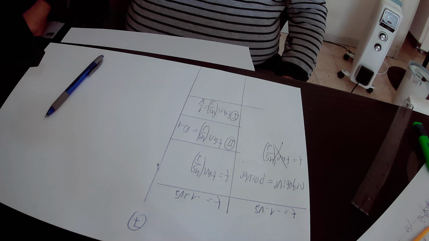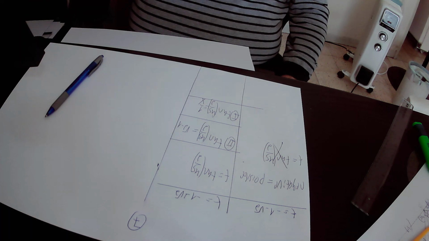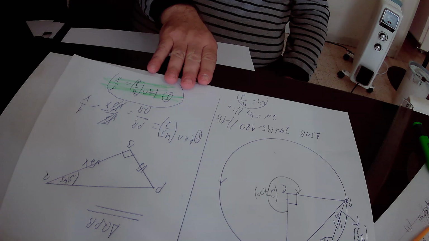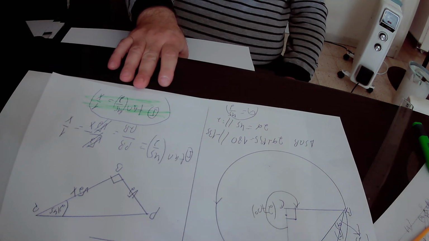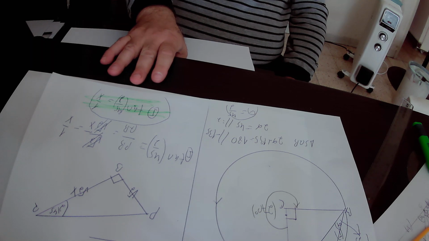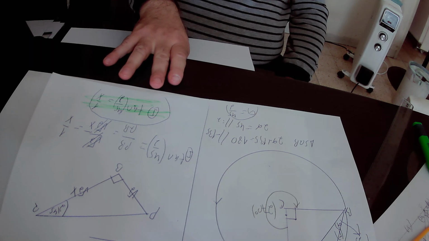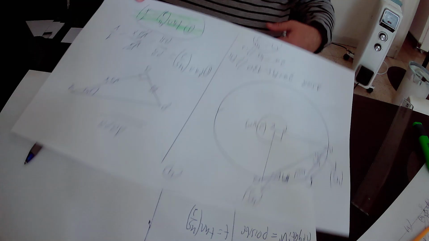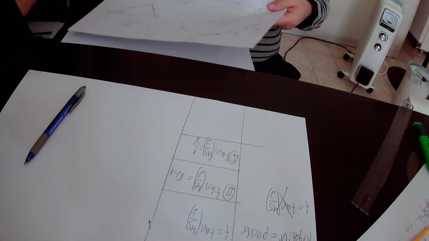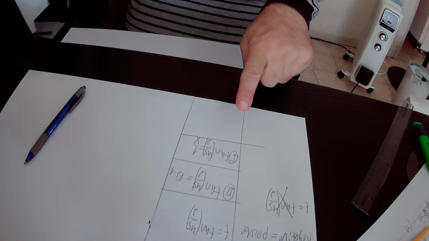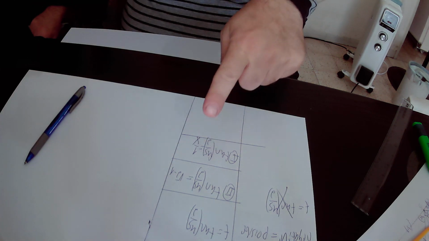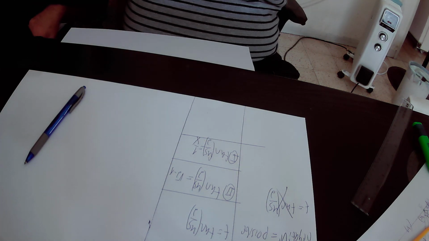We found a couple of minutes ago that tangent 45 over 2 degrees equals 1 over x. This is according to equation number 1. While according to equation number 2, we just found out that tangent 45 over 2 degrees equals the square root of 2 minus 1.